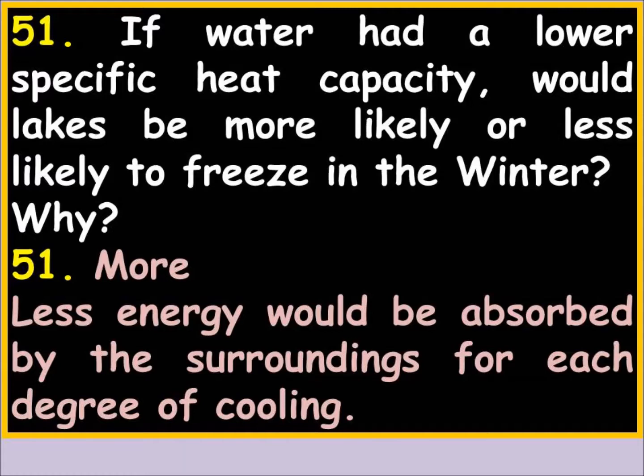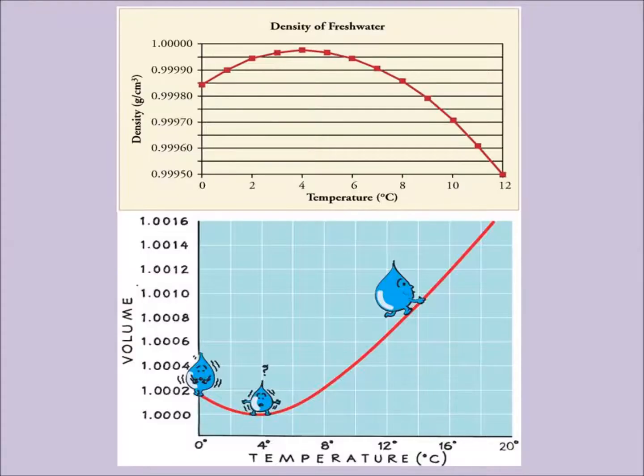The next slide shows two graphs that you should be familiar with, at least one that you're definitely familiar with, the bottom one, where volume is on the y-axis, and if you have a given volume of water, it's shrinking as you get towards 4 degrees Celsius and expanding when you're colder than 4 degrees Celsius in the liquid form and warmer than 4 degrees Celsius.